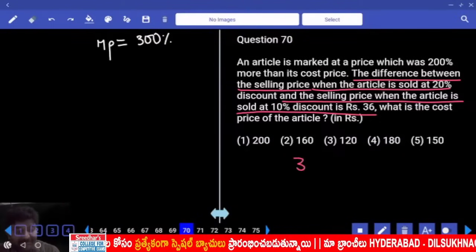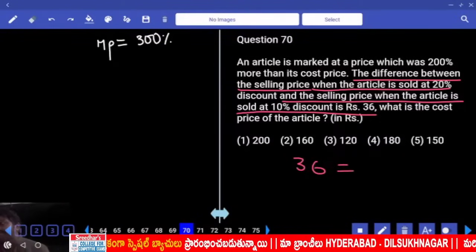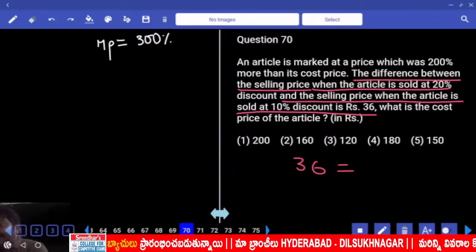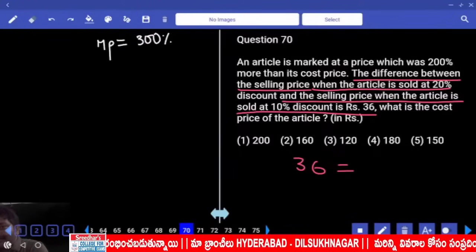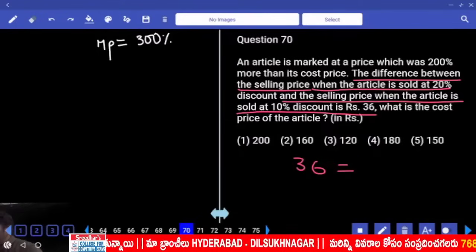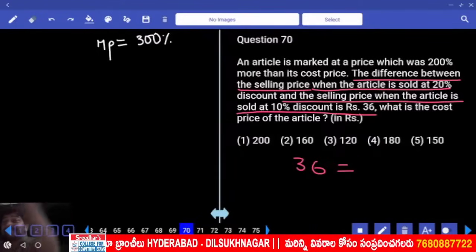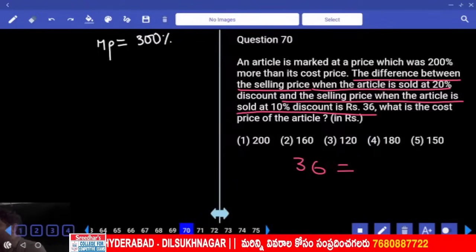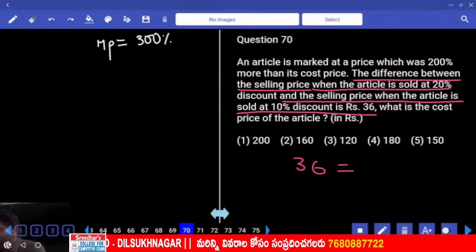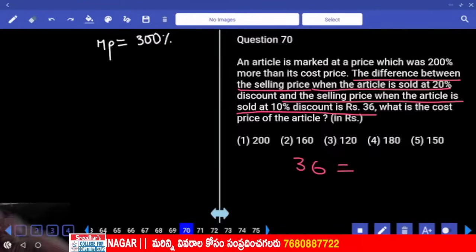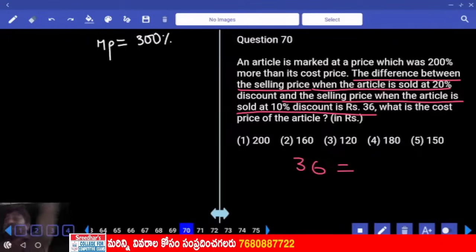So now my question to you is, what is 36? Difference. Difference of which price? Selling price, or you can even say difference in discounts also. You are getting a difference in selling price because there is a difference in discount.